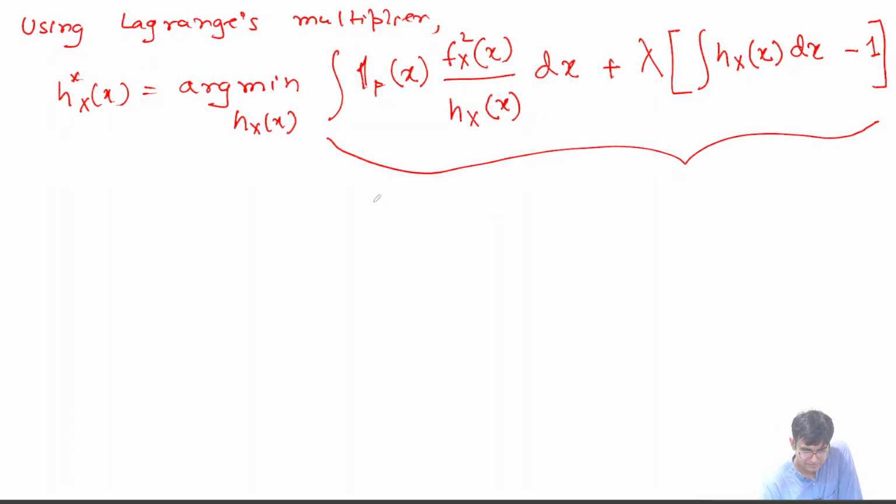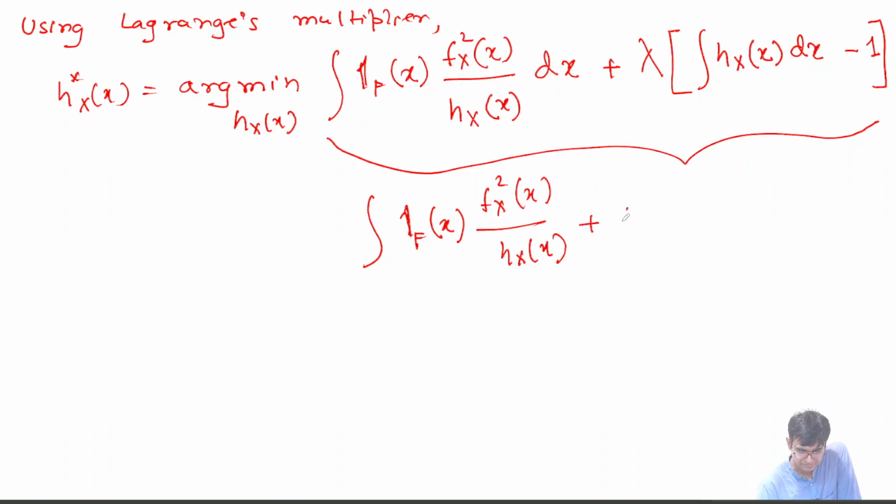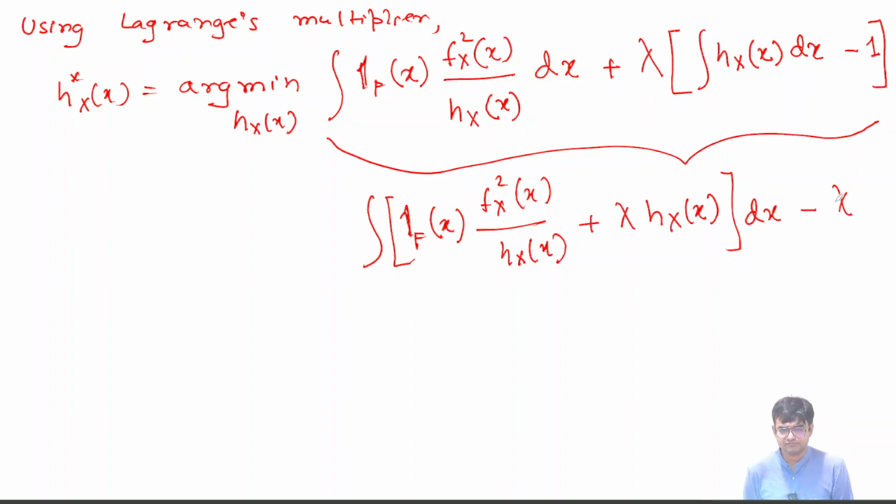I will get the integration of the indicator function of x times fx square x divided by hx x, plus lambda times hx x, dx, minus lambda, right?